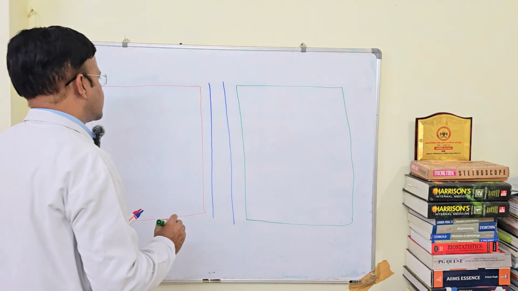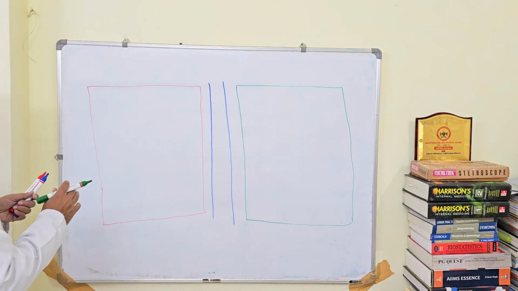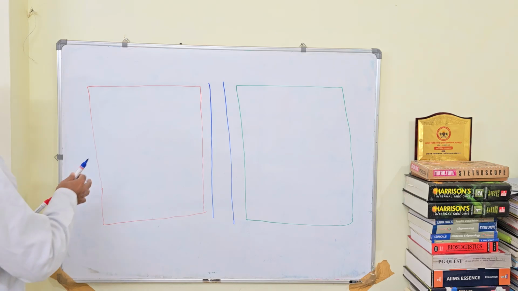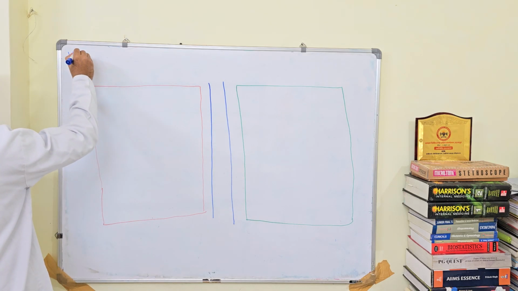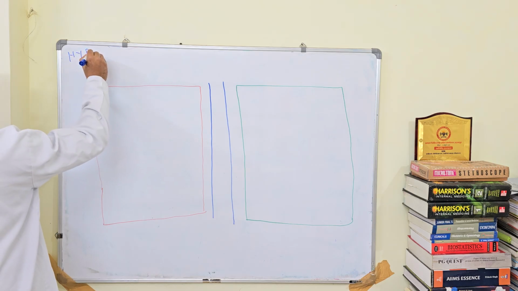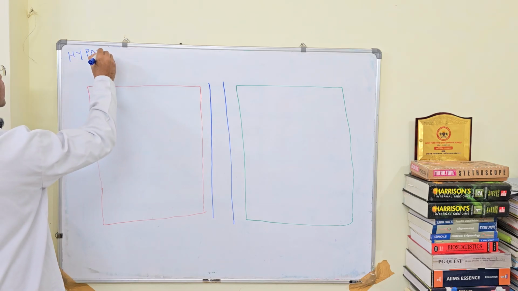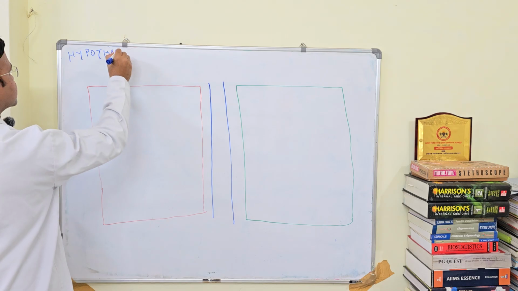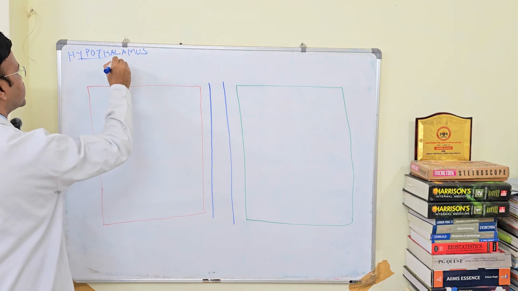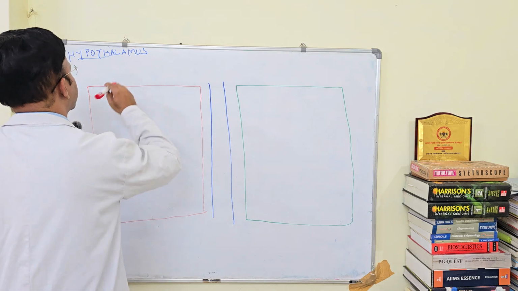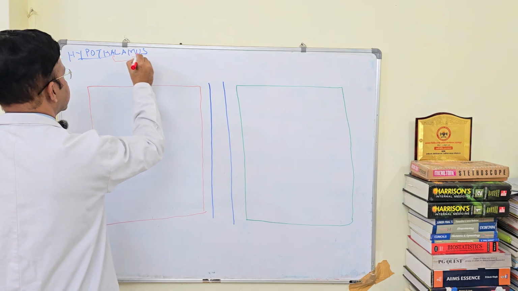Right? Now the whole story is going to start with hypothalamus, the master controller. Our master controller hypothalamus is going to release GnRH, right?